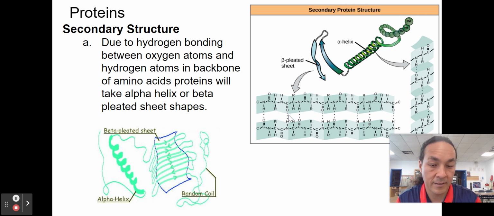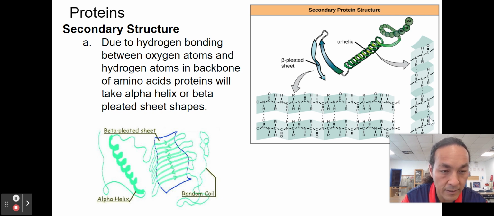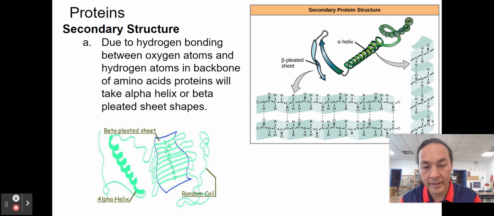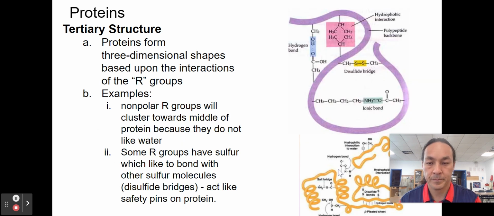And so in this instance, it's attracted to this negative O here. This positive H is attracted to this negative O. Over here, this positive H is attracted to this negative O. And this forms beta-pleated sheets and alpha helices. So starting to give a shape to the protein. And the most important thing is that a protein's shape determines its function or what it can do.